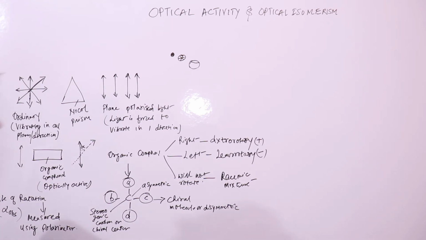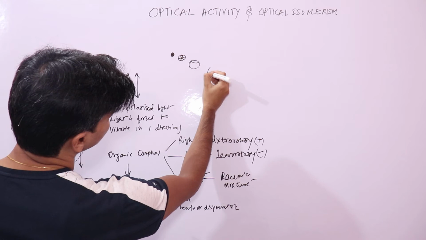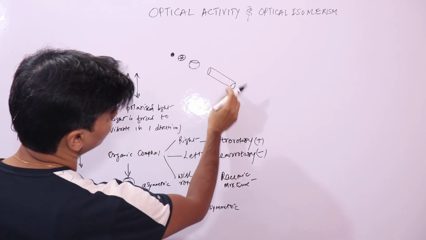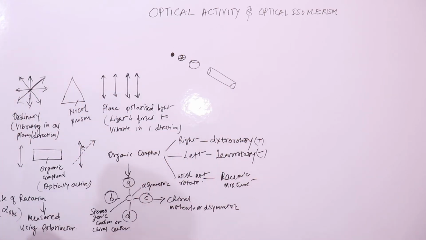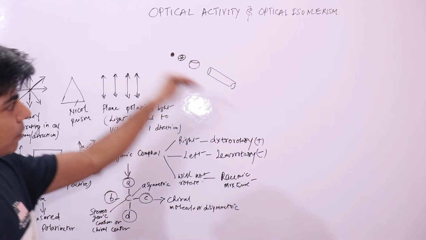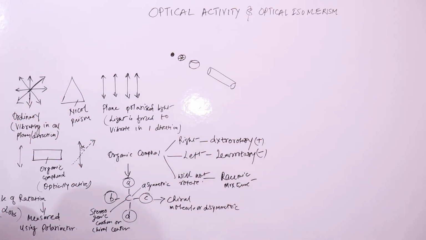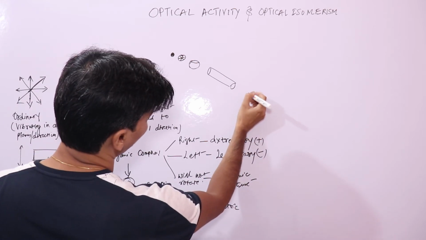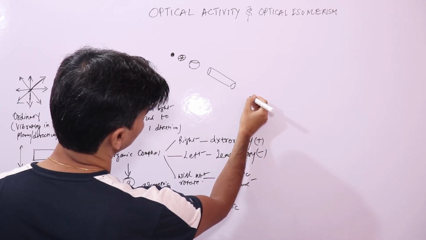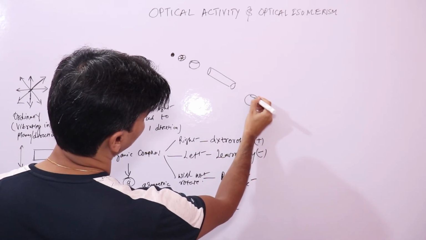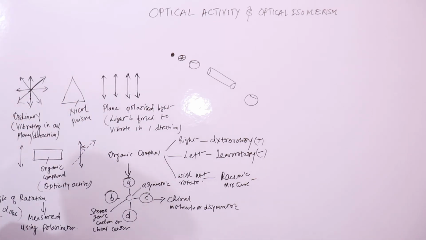Then you have an arrangement, a tube-like thing. In this tube, what you put is the solution of an organic compound through which the plane polarized light will pass. At the other side we have another prism, so we have two prisms.